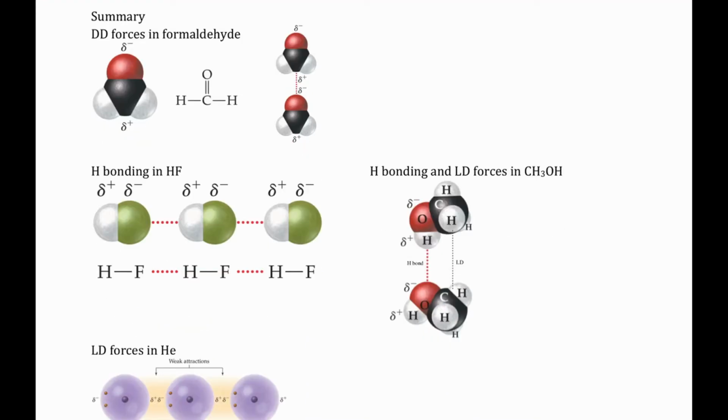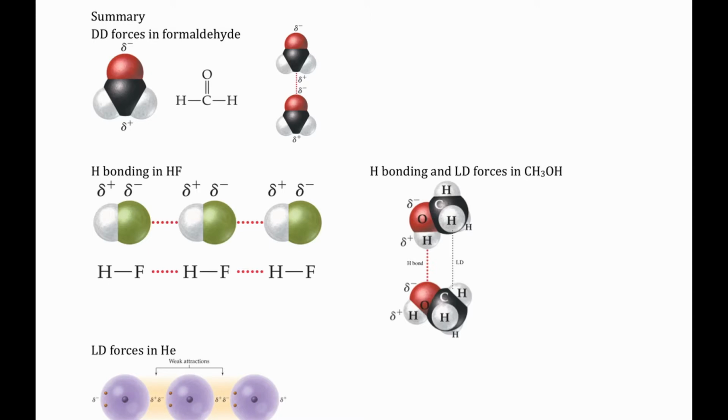So a summary, dipole-dipole forces, and the example is given here in formaldehyde. We have the partial negative O, we have the partial positive carbon end, and you see how the molecules attract each other, opposite charges. That's the dipole-dipole in that polar molecule. Hydrogen bonding, HF, we had talked about that one before.